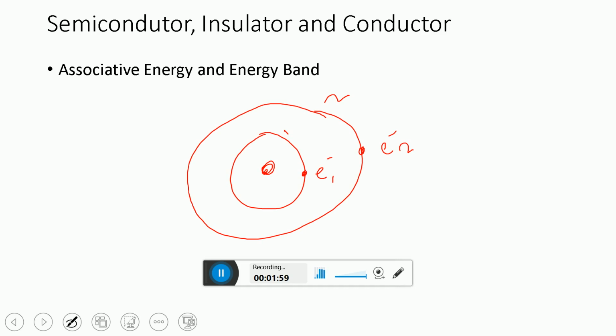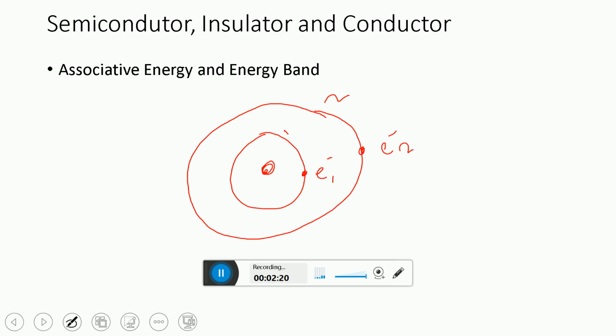Just remember that the energy associated with E1 and the energy associated with E2 is known as the associative energy of the electron. So the actual energy that the electron has is called associative energy.